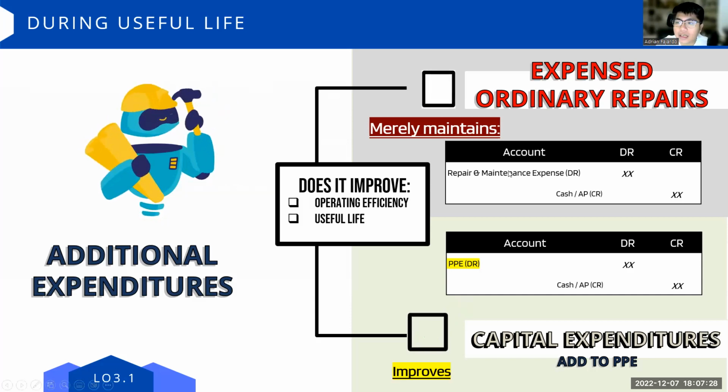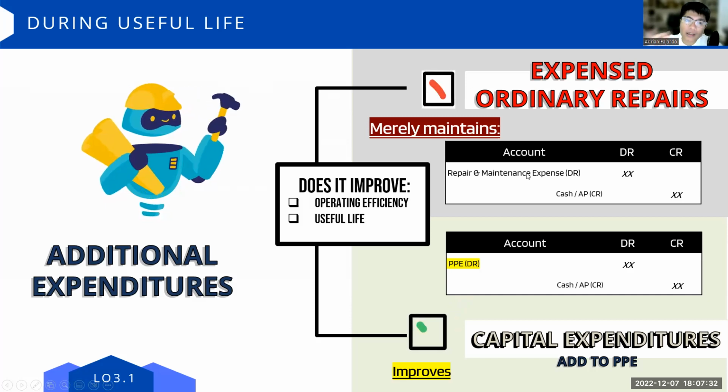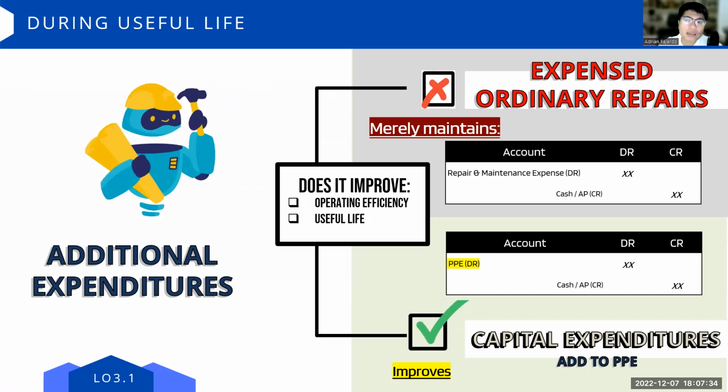So yung journal entry here is debit repair and maintenance expense, credit cash or AP. But if your additional expenditure improves your operating efficiency or it improves the useful life, it will be considered as a capital expenditure. It will be capitalized. So again, if it improves operating efficiency, if it improves useful life, you add to your PPE.